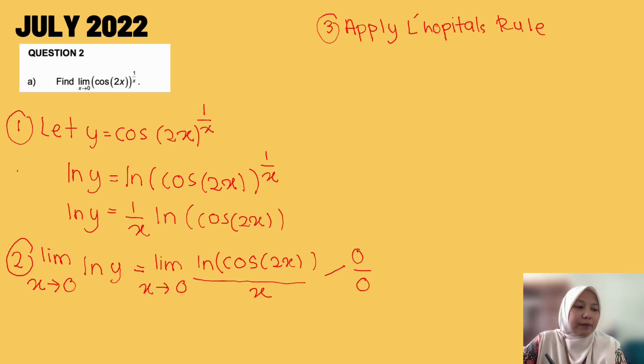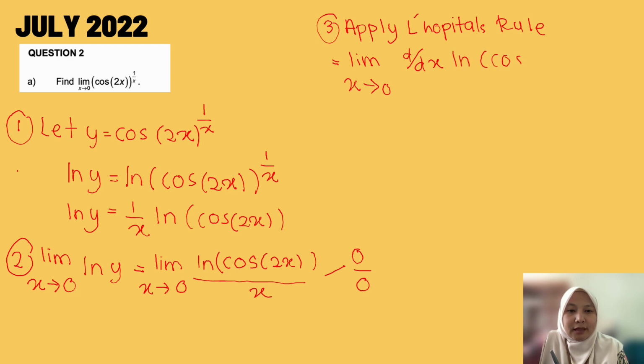Okay, so apply L'Hopital's rule. We get limit of x approach to 0. We will differentiate the numerator and also differentiate the denominator x.